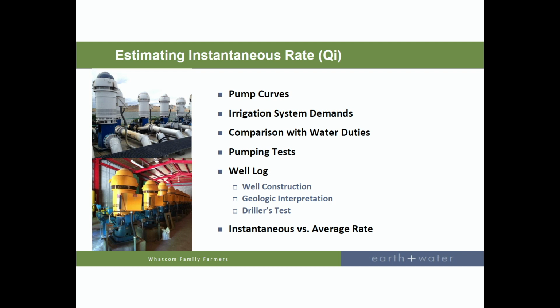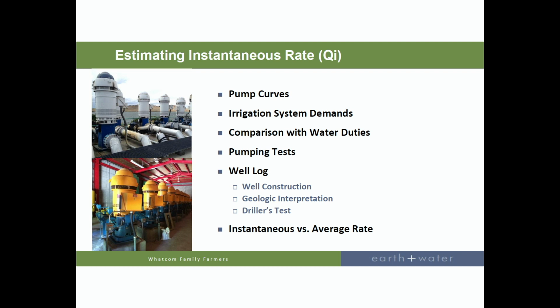It'll give you some ideas about how much water a pump like that can put out. That's a really good guide. The other way is if you know what your irrigation system is putting out. If you had a professionally designed irrigation system designed to handle 100 gallons a minute, that's probably what your well is putting out.